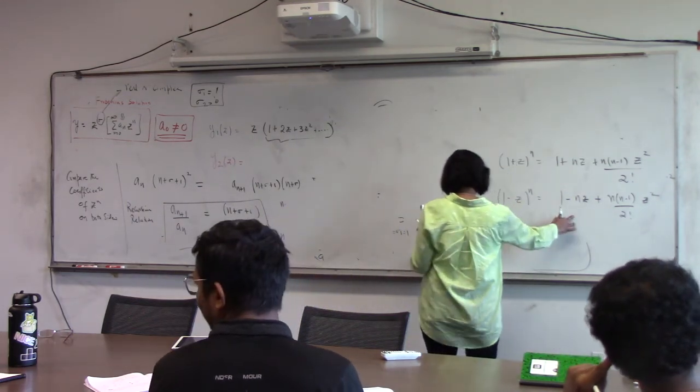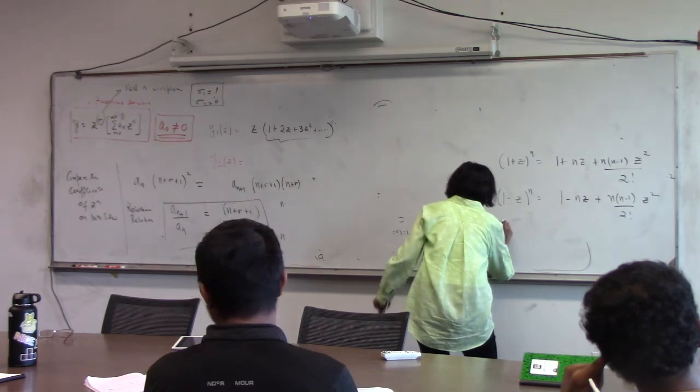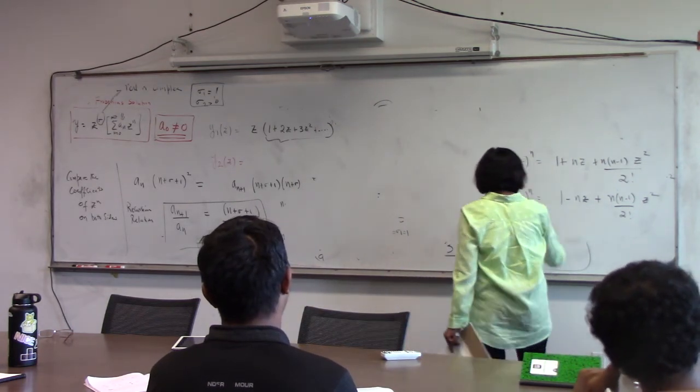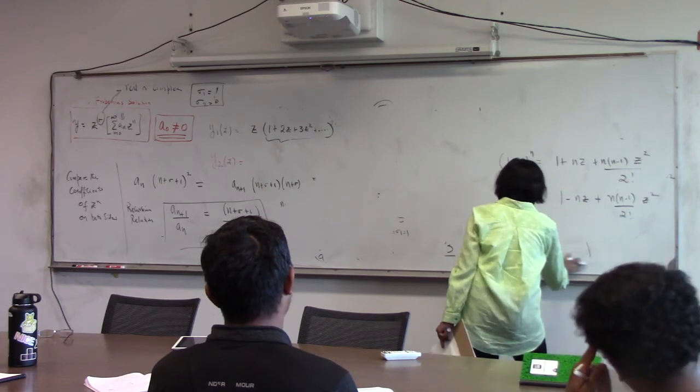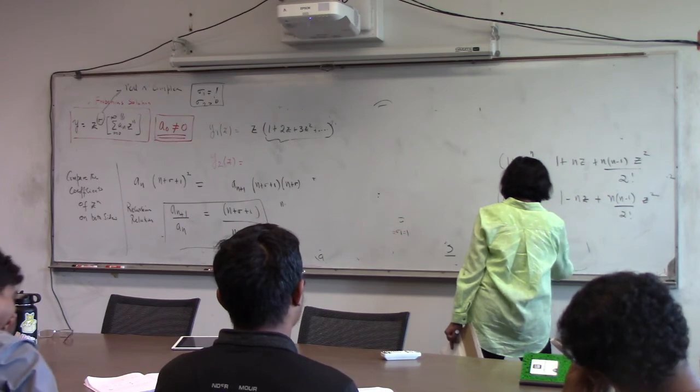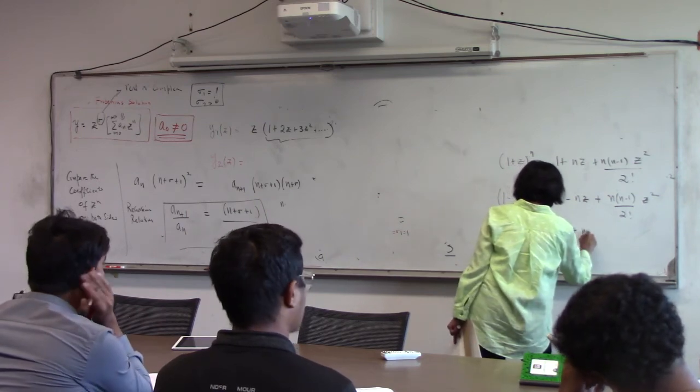Will this give 1 minus z? I just have to play with these different combinations, and one of them will lead to what we want. 1 minus z to the power, that is that. So this one will give 1 plus nz.